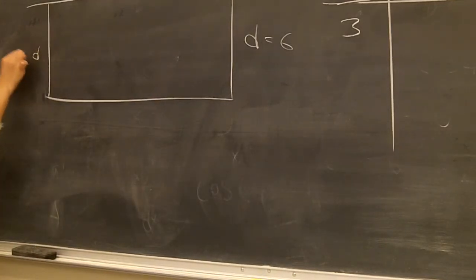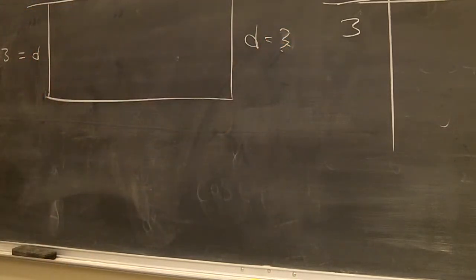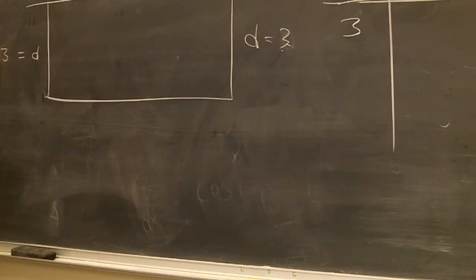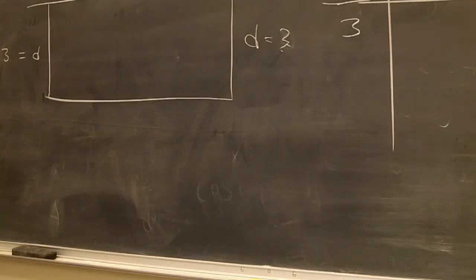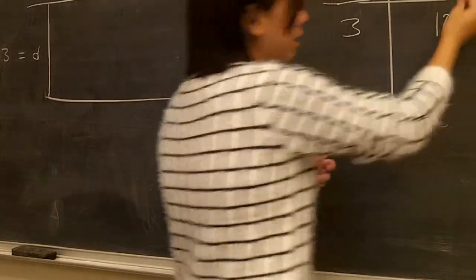So if D equals 3, and this is equal to 3, what's the opposite length? Just say 3 plus 3 plus some number X equals 16. It would be 10. So this is 10.